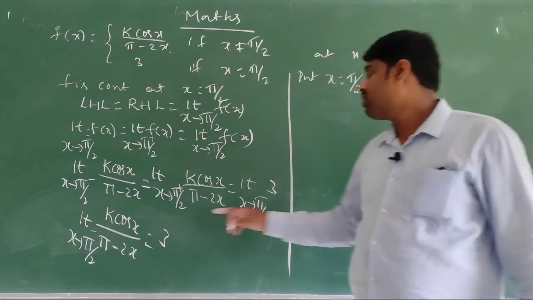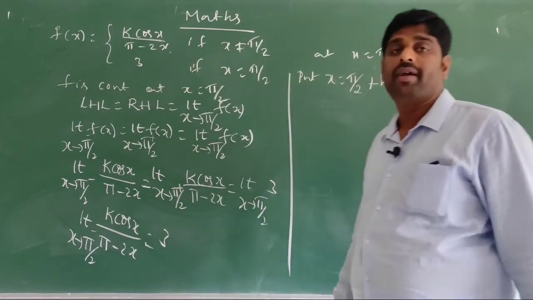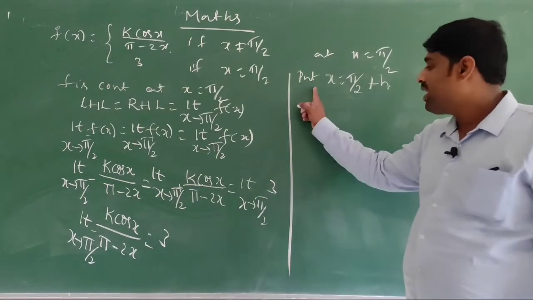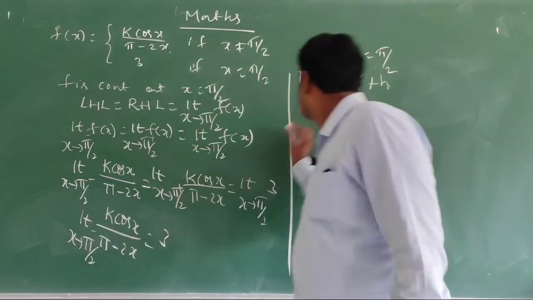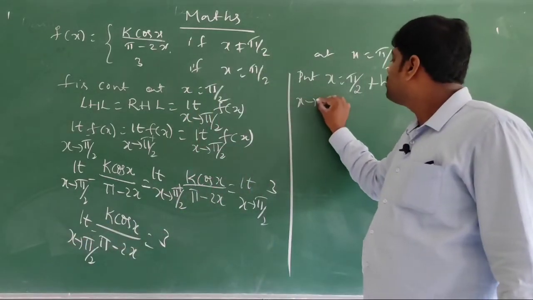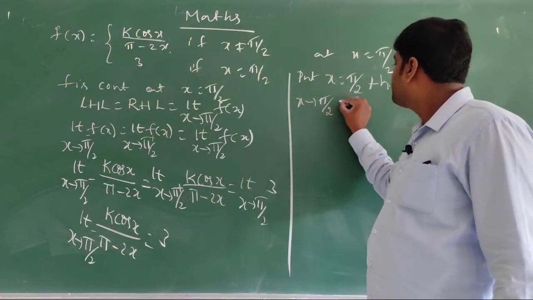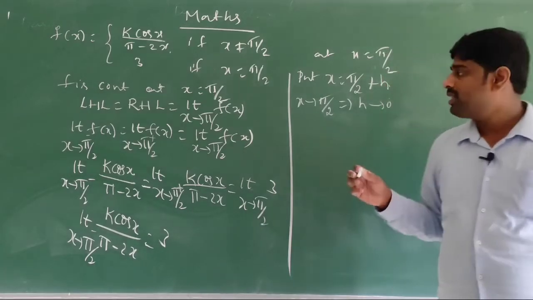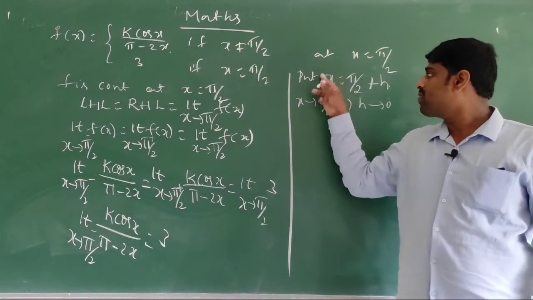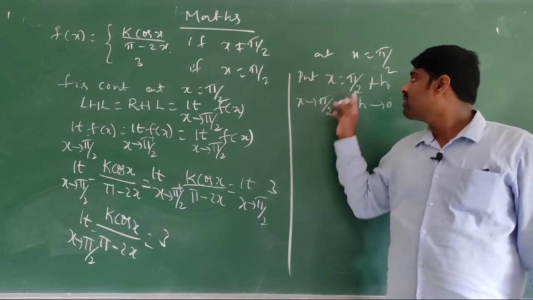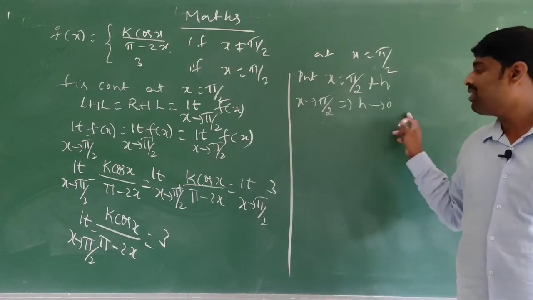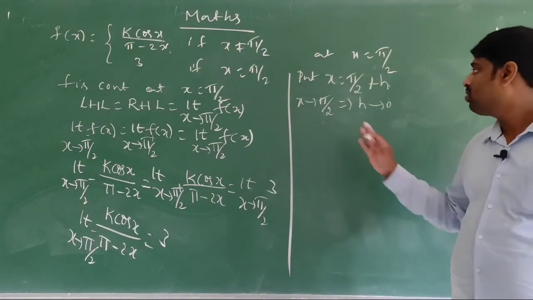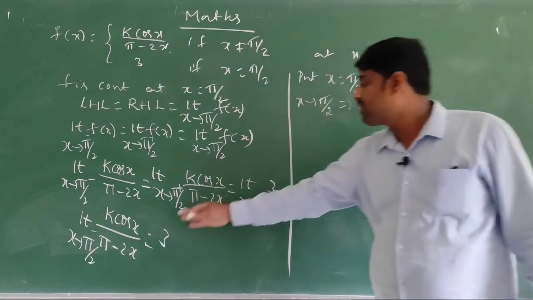If x tends to pi by 2, then h tends to 0, because if you put pi by 2 in place of x, pi by 2 gets cancelled, that is, h value is 0. Substitute these values in this equation.